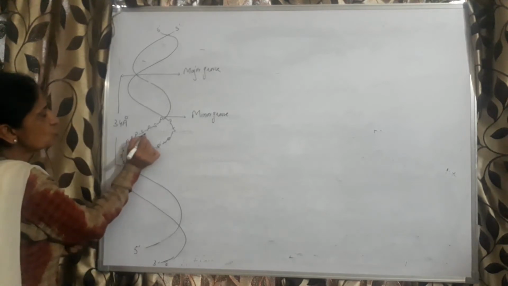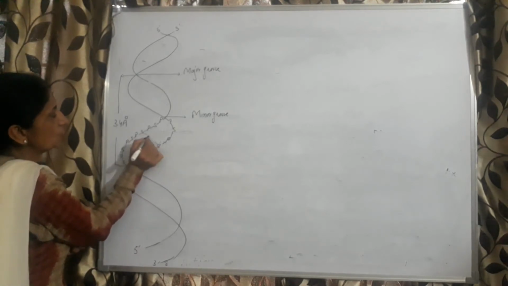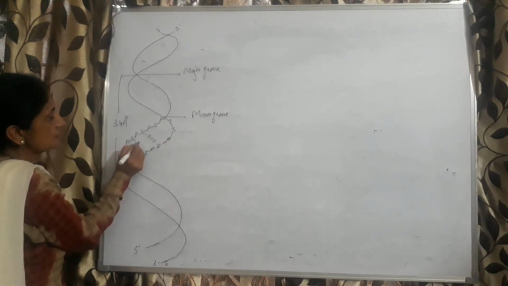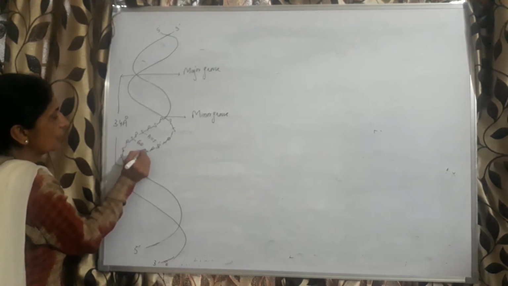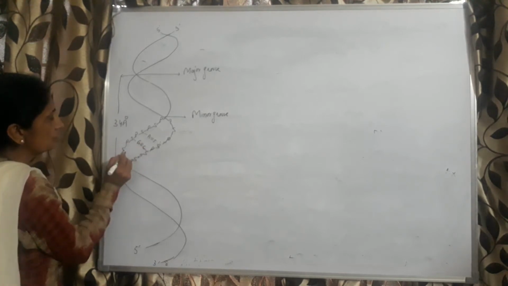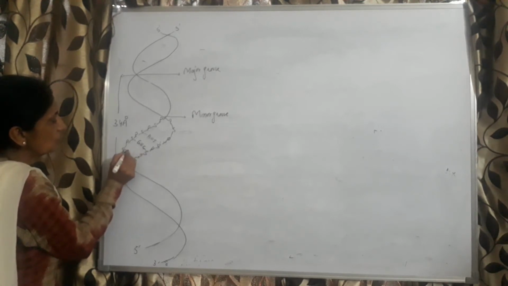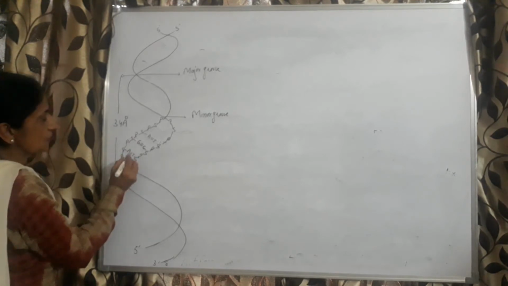Now attached to the sugar molecule there is a nitrogen base. If on one polynucleotide chain there is adenine, naturally on the adjacent chain there will be thymine. If there is guanine, then there will be cytosine.